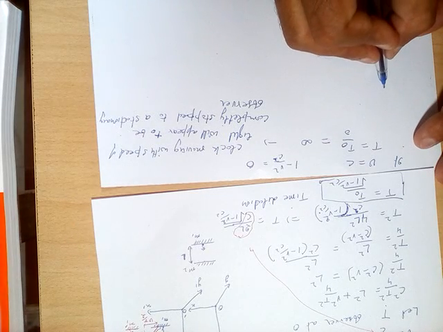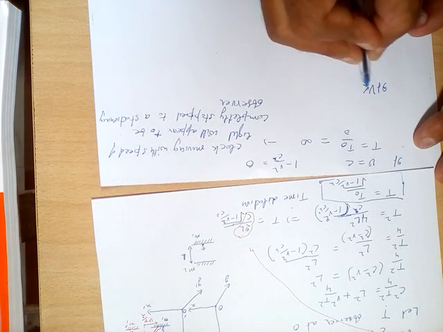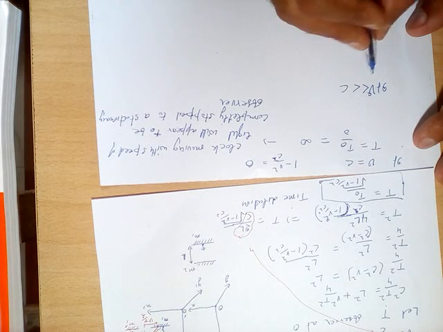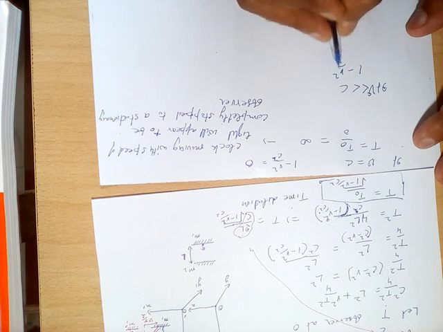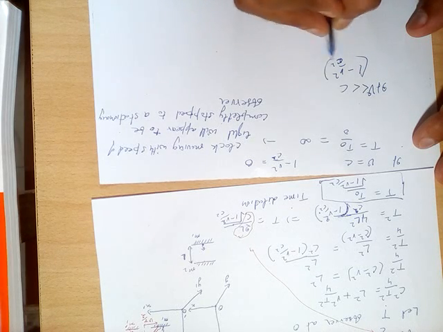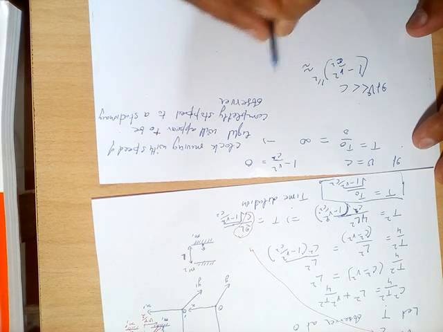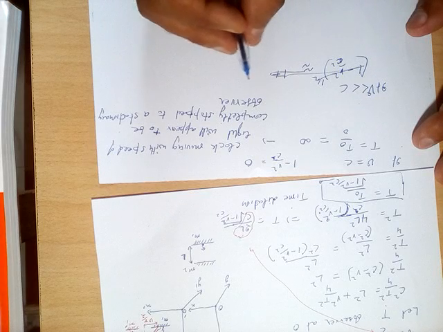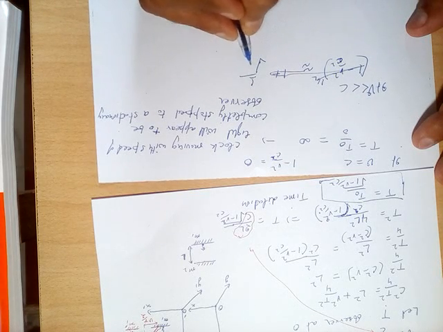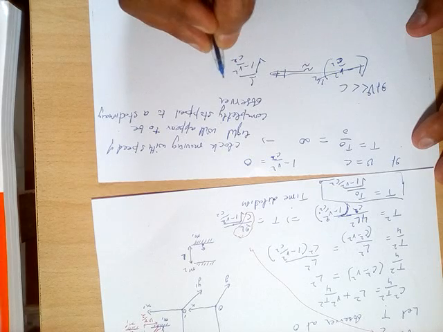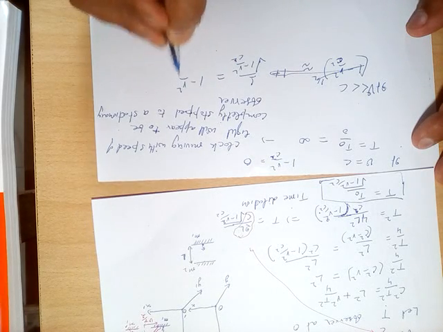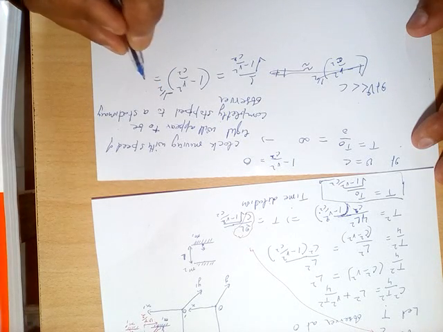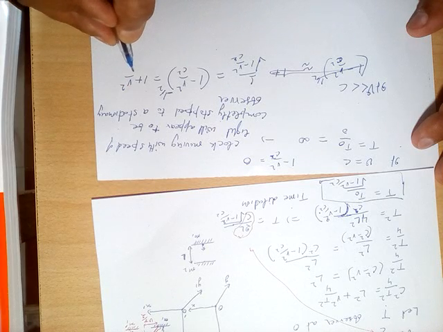And another case is if v is very much less than c. In that case, we know that 1 upon root of 1 minus v square by c square is approximately equal to 1 minus v square by c square raised to the power minus 1 by 2, and it comes out to 1 plus v square by 2c square.